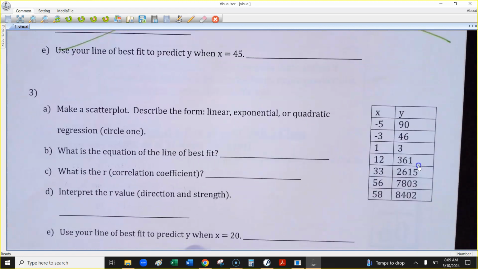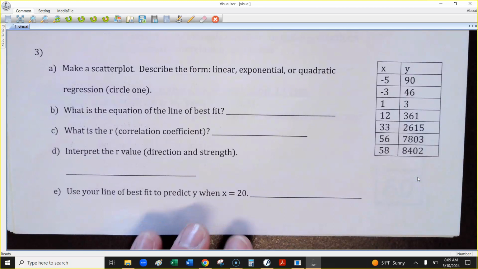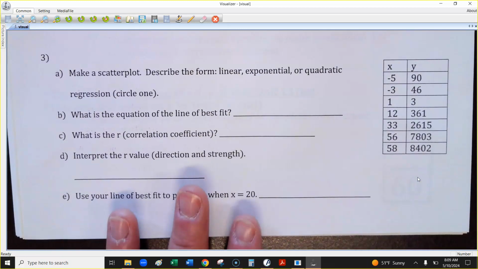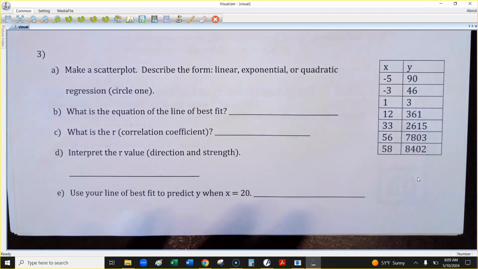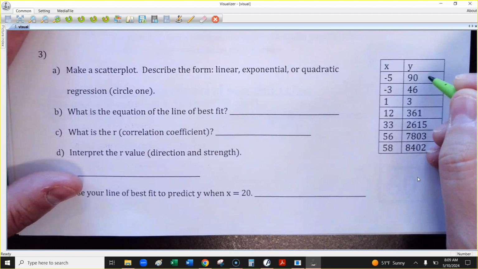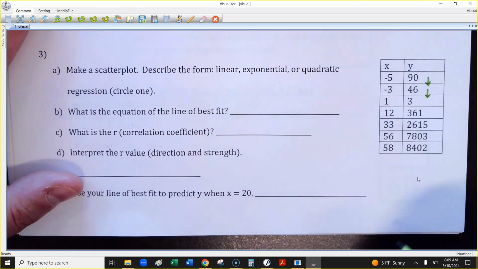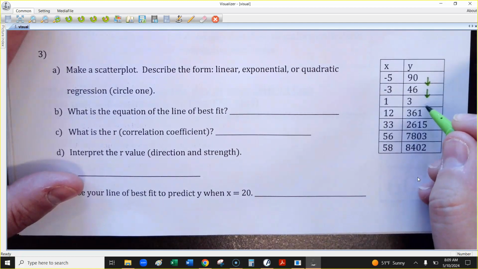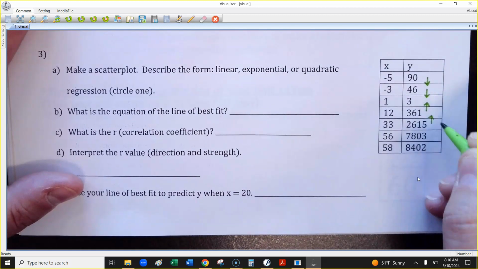So this last one is going to be a little bit trickier to see on the graph. Just because it has negative x values doesn't mean this is quadratic, but here's the deal with this. Do you guys see, this is 90, and then it goes down to 46, and then it goes down to 3, and then at 3, it goes up to 361, and then it goes up, and then it goes up.